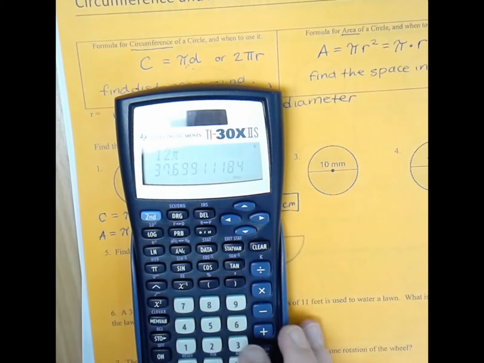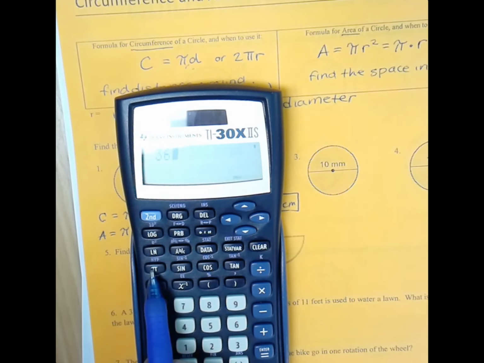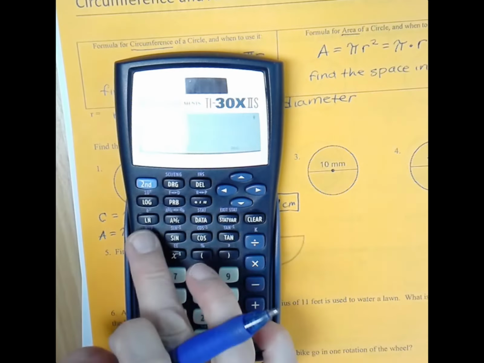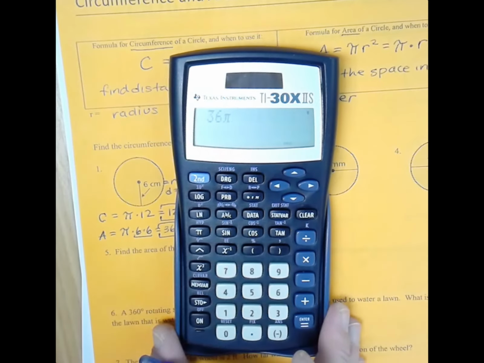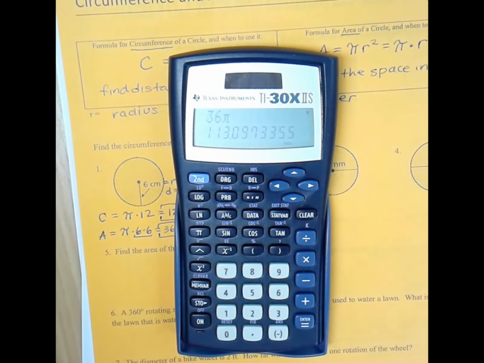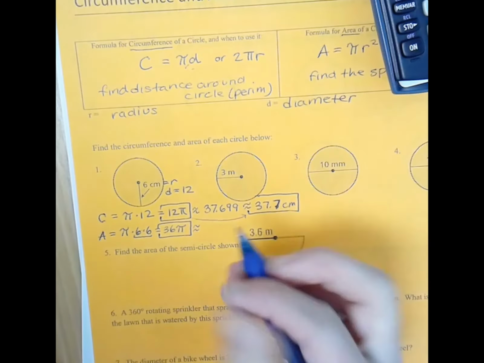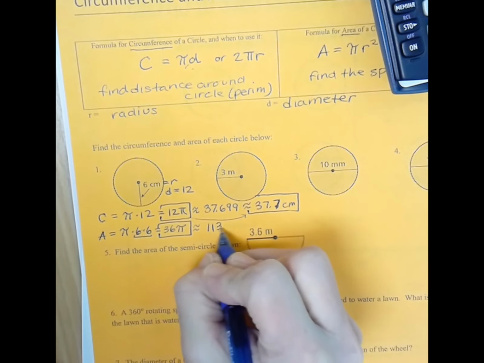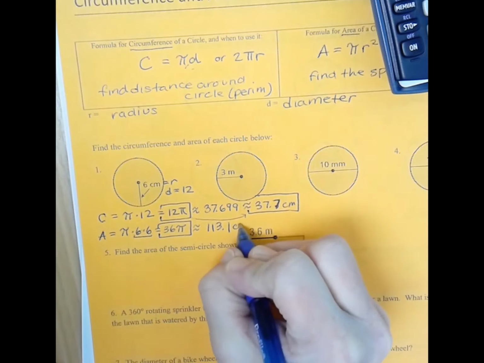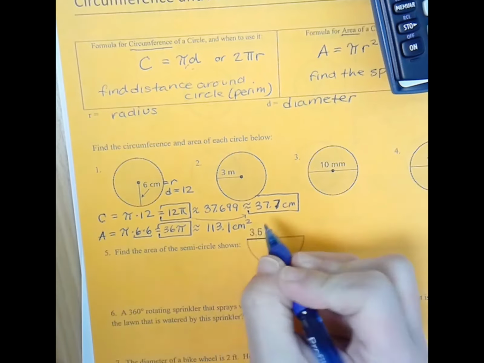Okay, and you do have a pi button. It's right here. So if you want to do 36 pi, you can see that that equals 113.097. So we're going to round that to the nearest tenth, or 113.1. All right, and our label for area is centimeters squared.